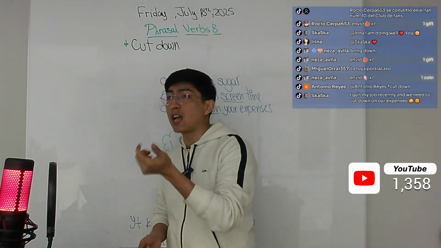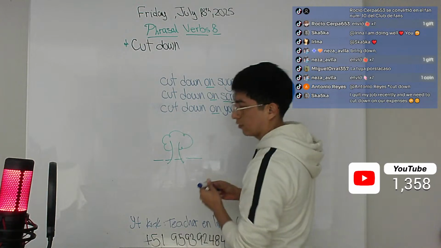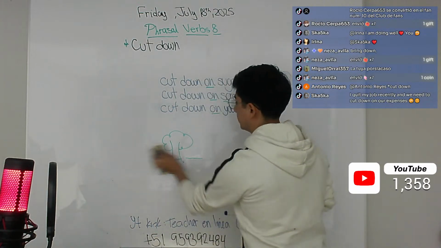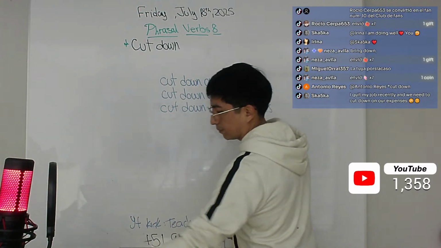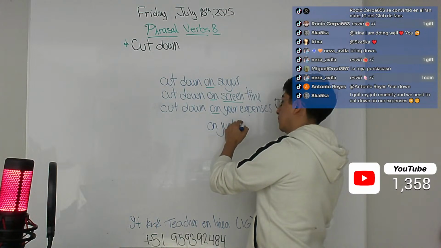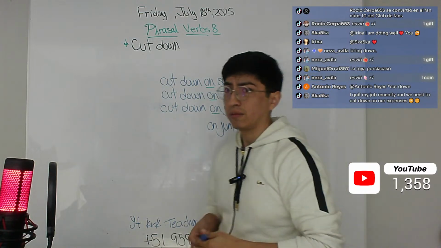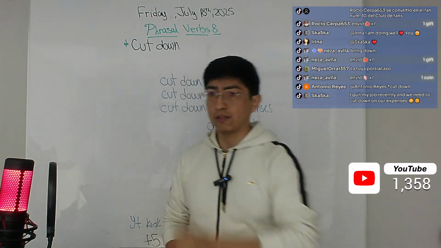You can cut down on junk food. You can cut down on what else? For example, on junk food, on alcohol, on cigarettes, you need to reduce that.